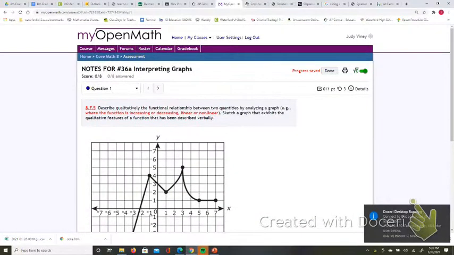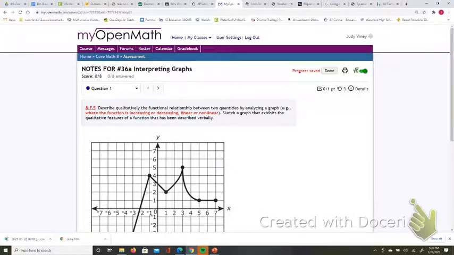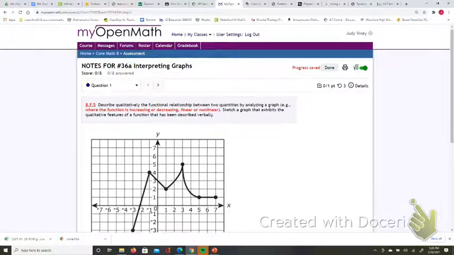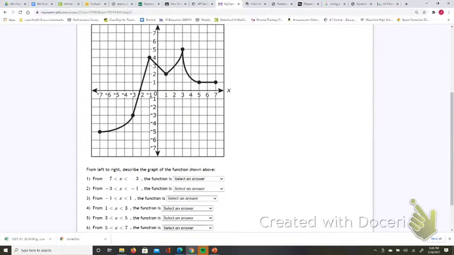Okay, now make sure that you're in notes for number 36A. So if we take a look at this graph, left to right, remember you always have to go left to right. So if I start on the left, notice that I'm at -7 minutes.